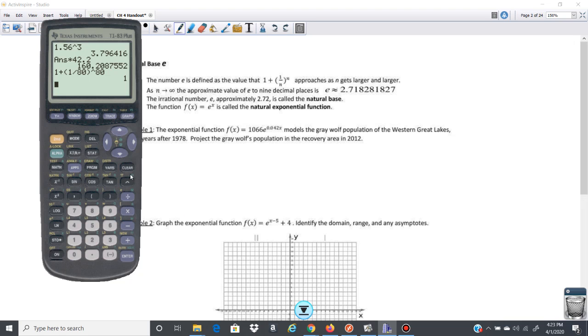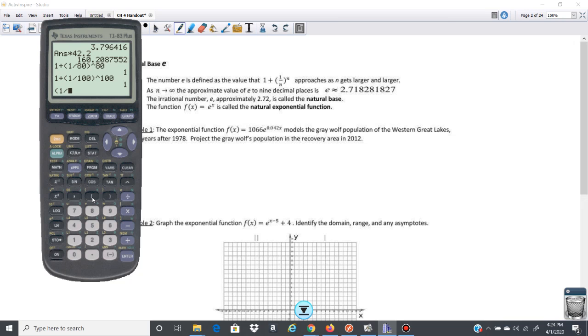That's not a good number to work with. So let's just do 1 plus 1 over 100 to the 100. It's not working correctly for some reason. Okay, so as n gets larger and larger, we're supposed to be approaching 2.71828, but for some reason, maybe because I'm entering it differently.